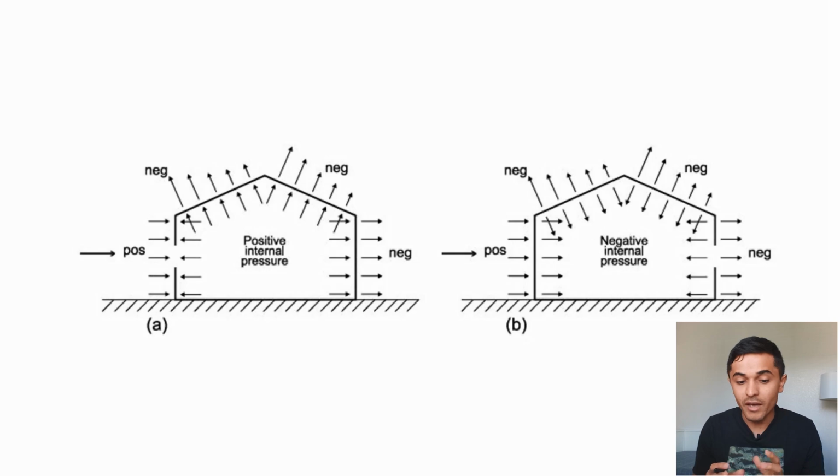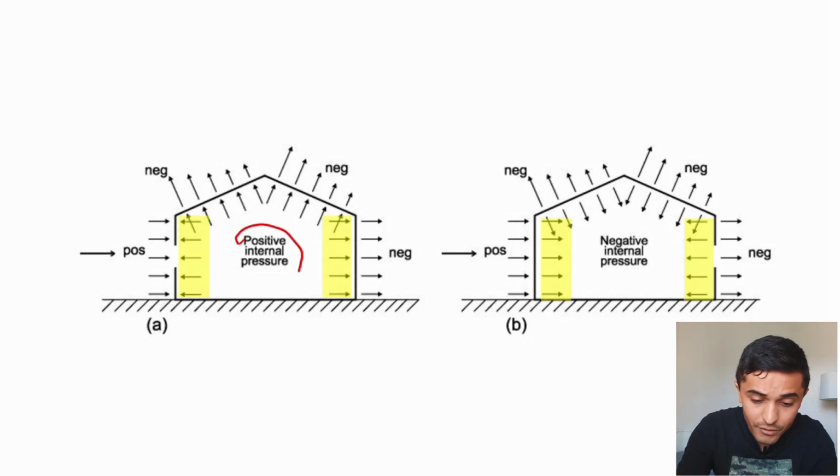In our case, we have an enclosed building, so this diagram is very appropriate. But you can see here that those arrows cancel out. Per ASCE 7, if your wind is going towards the surface, that's positive wind load. If it's going away from the surface, that's negative wind load. So this would be a positive internal pressure.